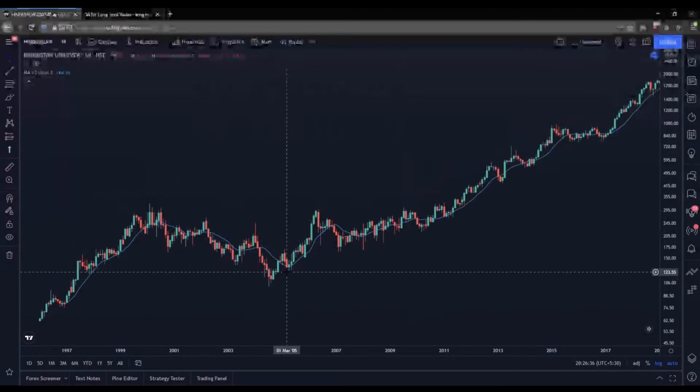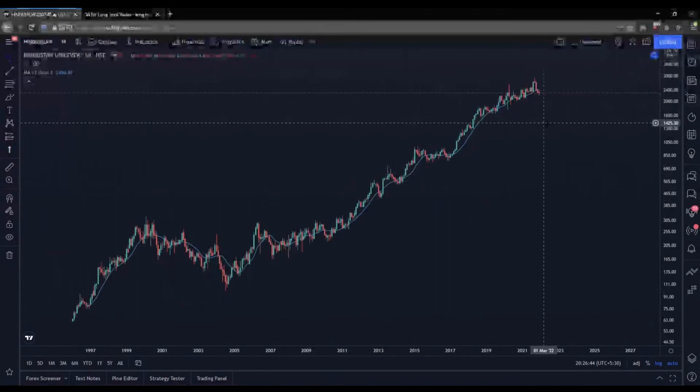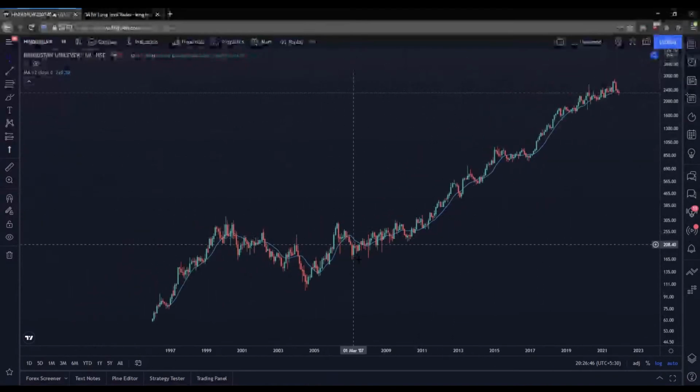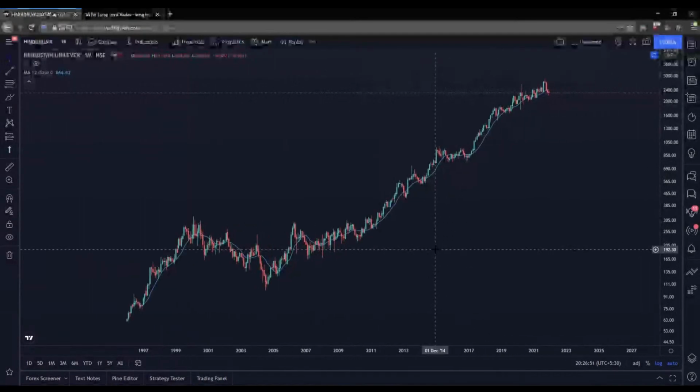With moving averages, you can see it's always in a downtrend except here, where there's a crossover and then it's an uptrend for a very long time. It's still an uptrend, with the exception of this. You get a really clear image of what the stock is doing, the structure of the stock.